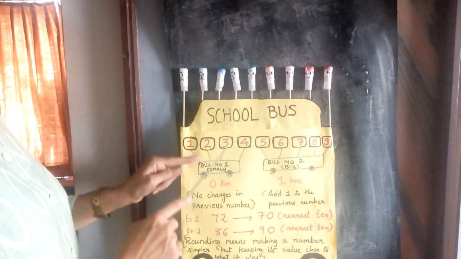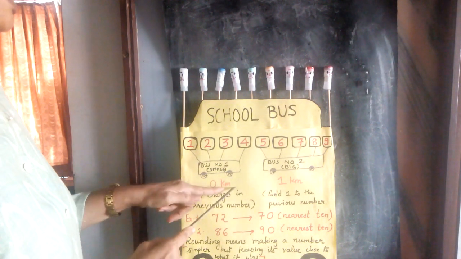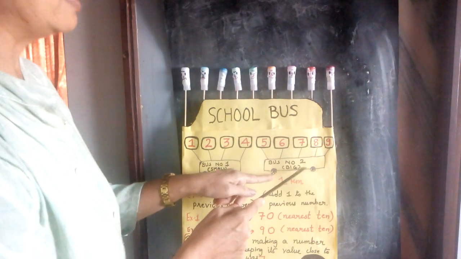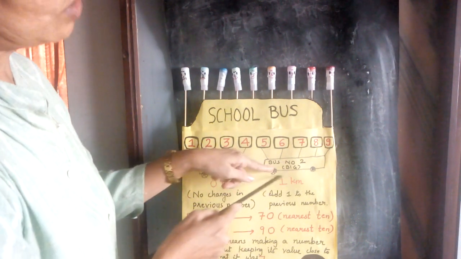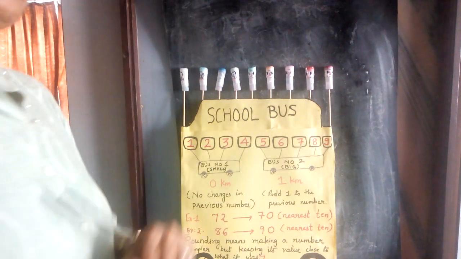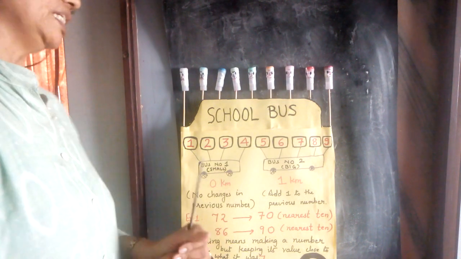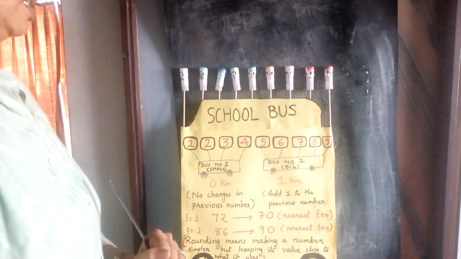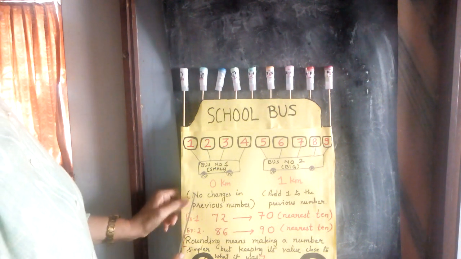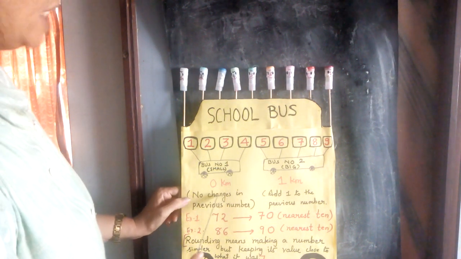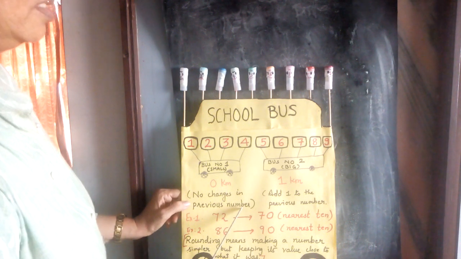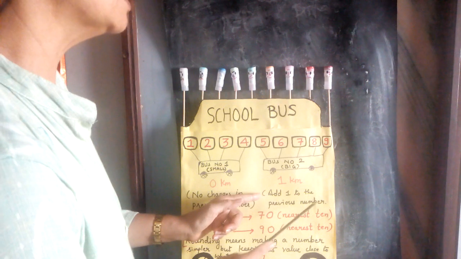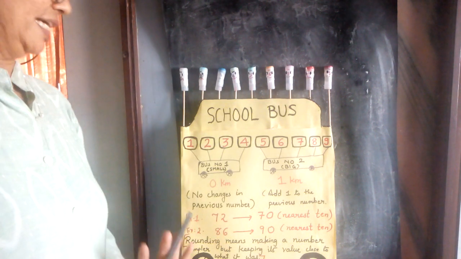So they have travelled 0 kilometer, and bus number 2 has started, so they have travelled 1 kilometer. Now you will ask me, why Miss, have you written 0 kilometer and 1 kilometer? I will explain to you children. Here I have written no change in the previous number, and here I have written add 1 to the previous number. That also I will explain.